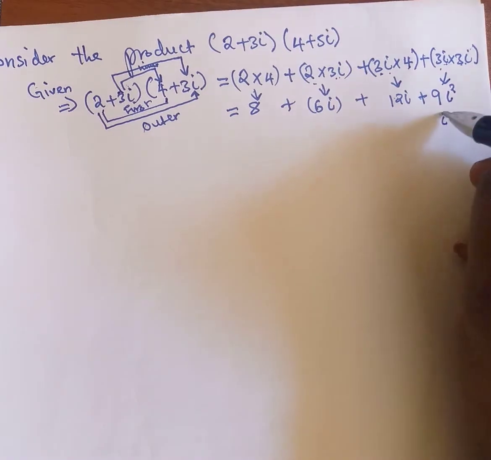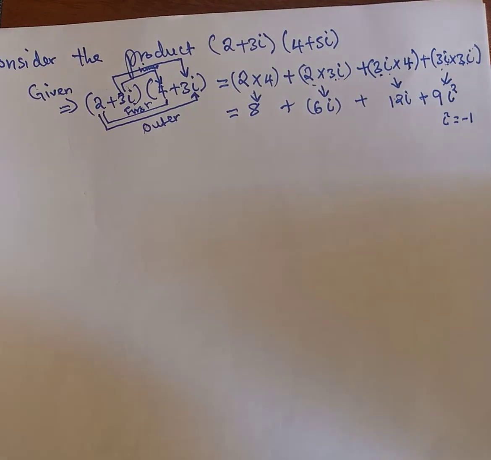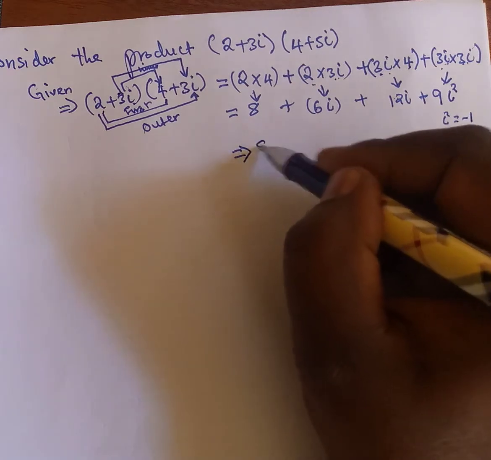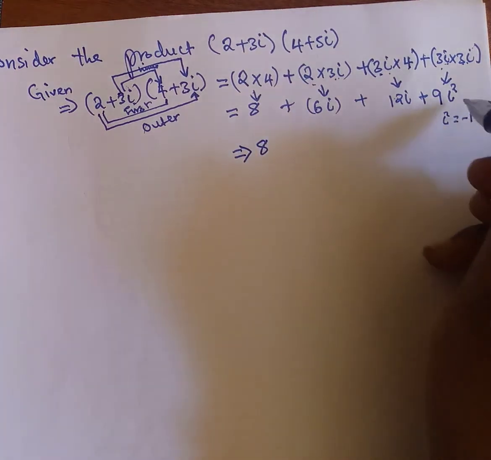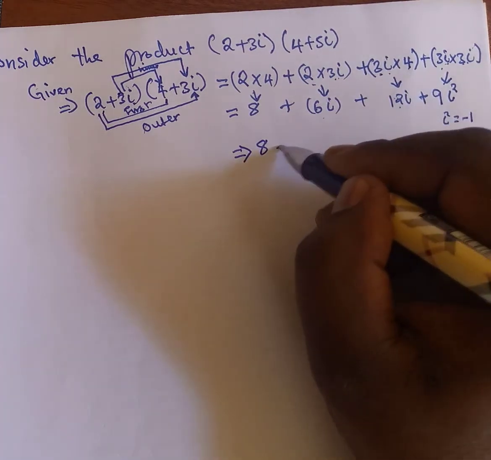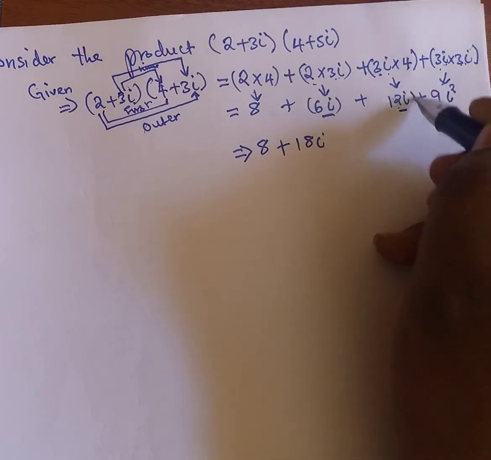But remember, i squared is -1. Now, this narrows down to 8. 8 has no partner until we simplify 9. Then 6 plus 12 is plus 18i, because both of them have a single i.